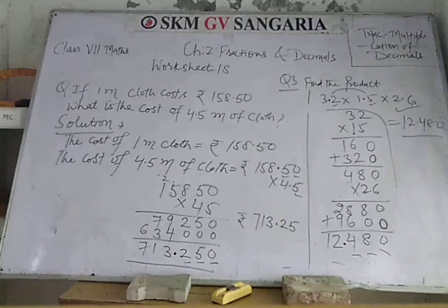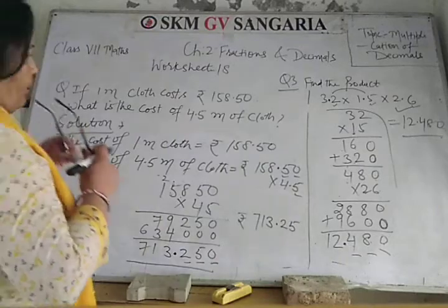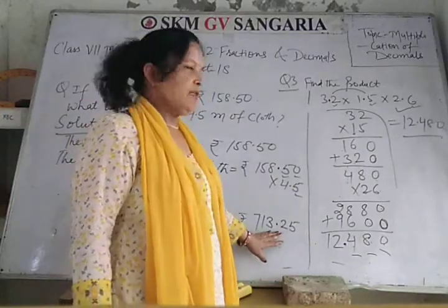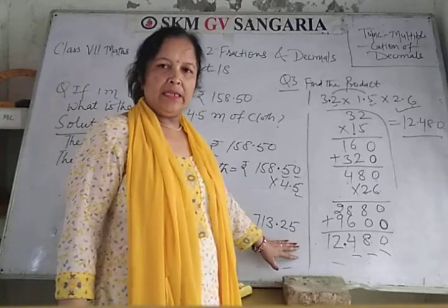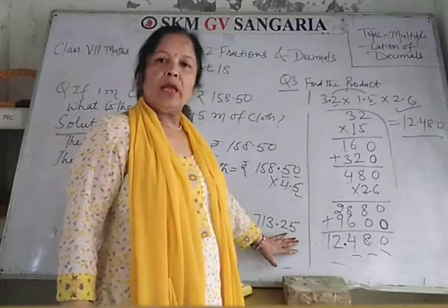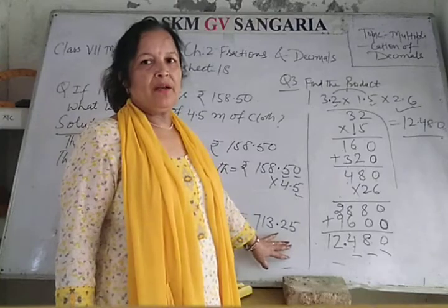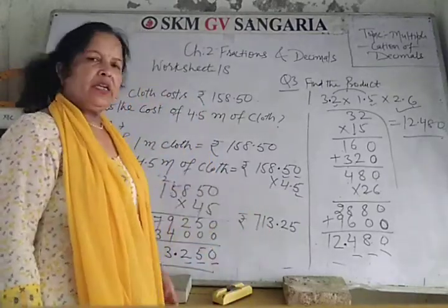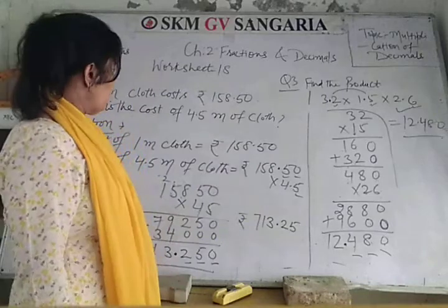Okay. Because before the decimal we have rupees, and after the decimal we have paise. As you know, 1 rupee is equal to 100 paise, so we will write only 25 here. The 0 hardly matters, whether you write it or not.